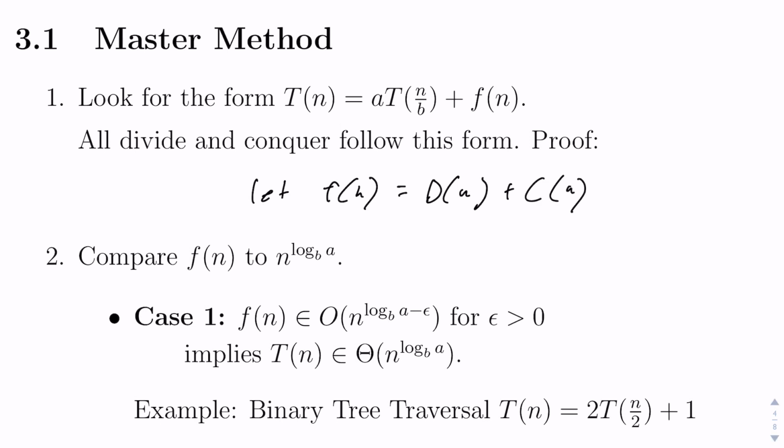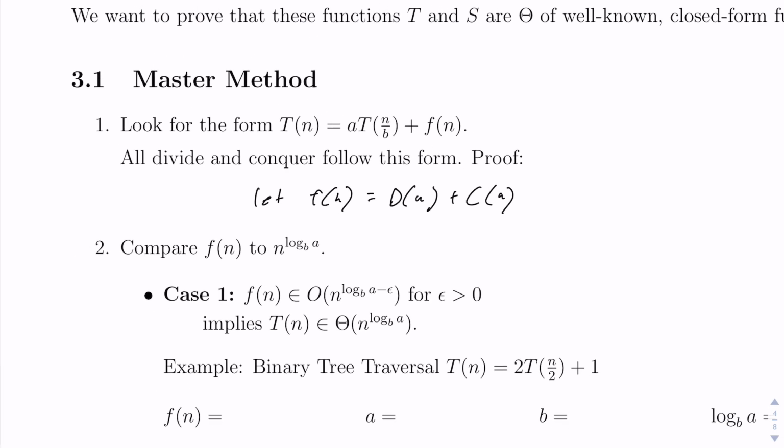So this gets into what you were saying. Usually people don't write d of n and c of n because you can just add them together to get this new function f of n. But then we've condensed the recurrence into that form. So if you're doing divide and conquer, you're probably going to be using the master method to prove the runtime of your divide and conquer algorithm.